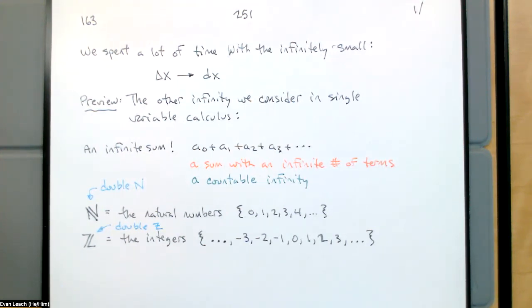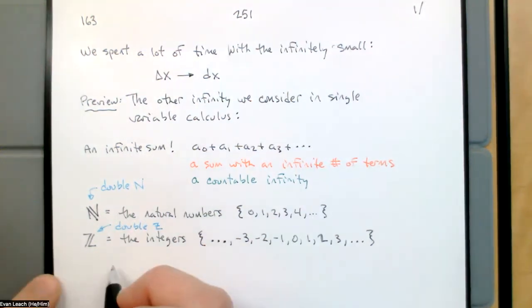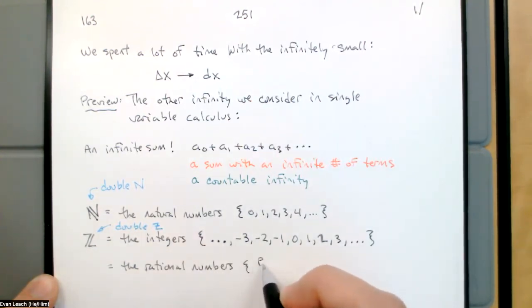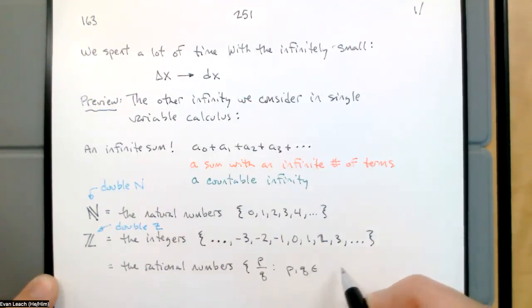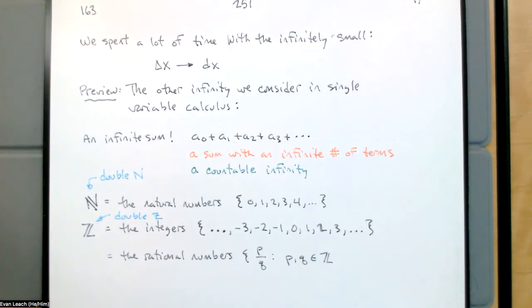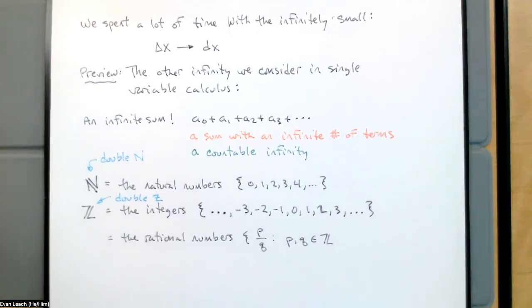Then we have another set of numbers called the rational numbers. The rational numbers are just all the ratios of integers.